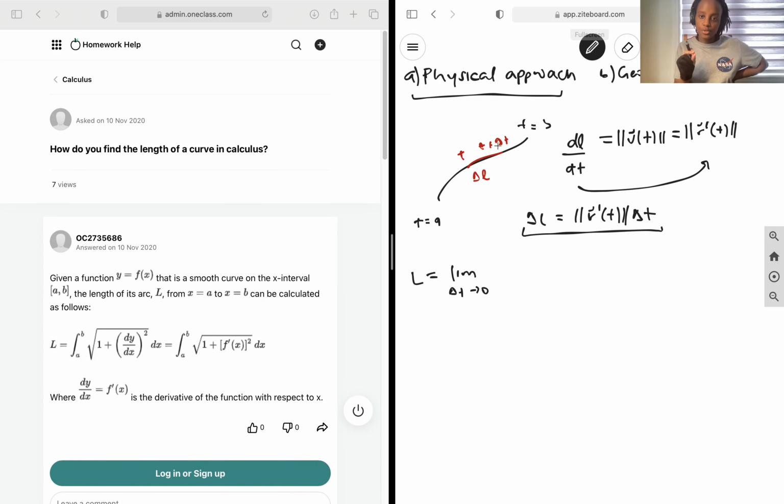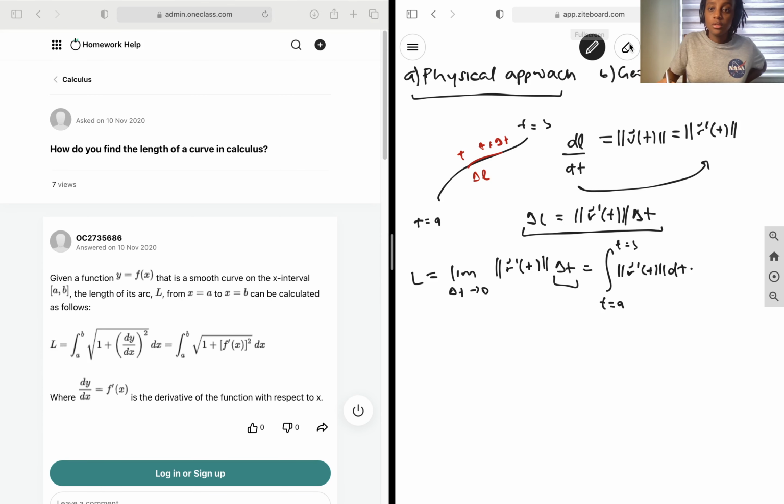So we're going to add very, very small straight pieces together in order to form this curve. And that's where we get into integrals. And so the limit of this is the same thing as integrating from t is equal to a to t is equal to b, the speed dt, because of this. And that's our final answer.